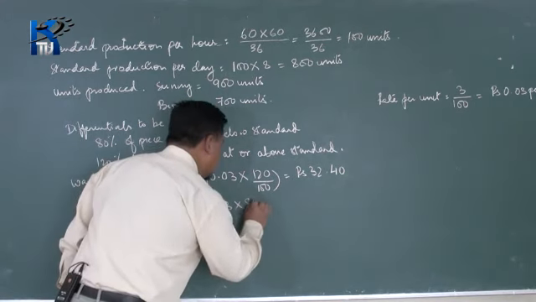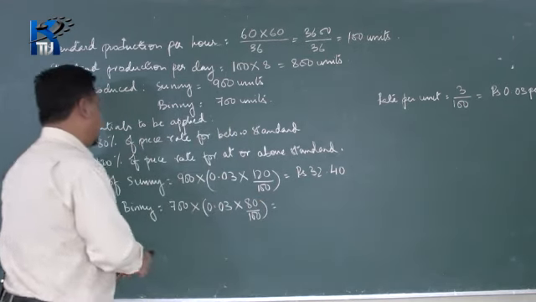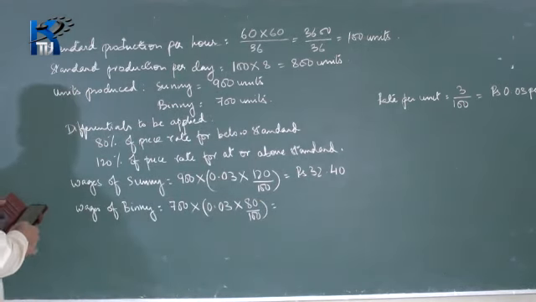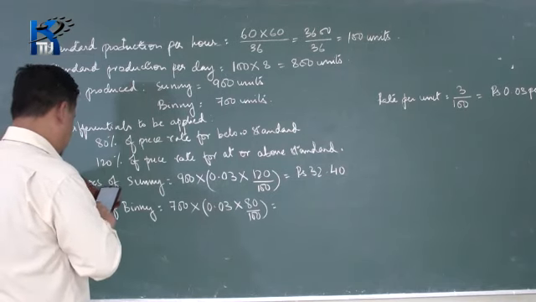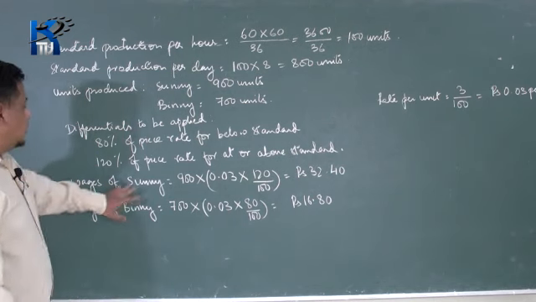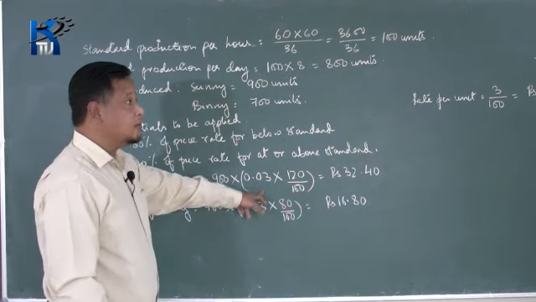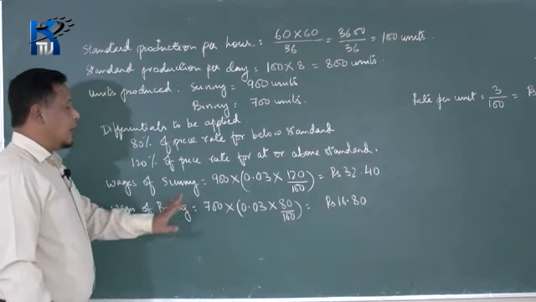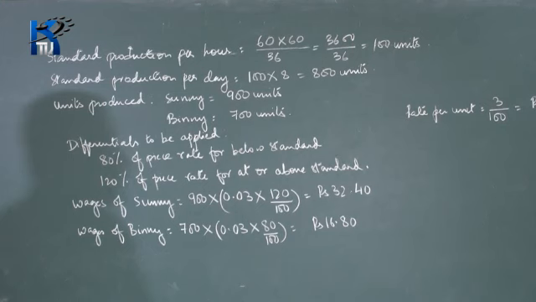So 80% of 0.03 will be taken as his rate per unit. It amounts to, so you can see here the efficient workers are being rewarded with higher wage rate, whereas inefficient workers are being penalized by lower piece rate.